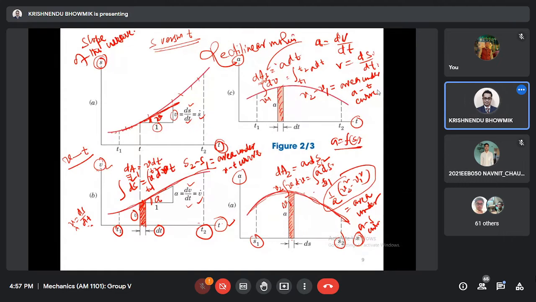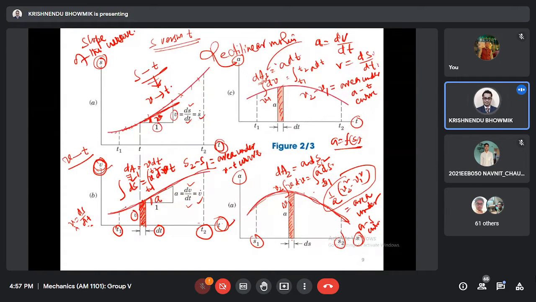So what we have learned from this exercise: initially we have S versus T, one graph between t1 and t2. If we take the instantaneous slope at different places, we get the velocity, ds dt, s dot. Putting that velocity at each time, from the S versus T curve I can get the VT curve by taking the derivative.